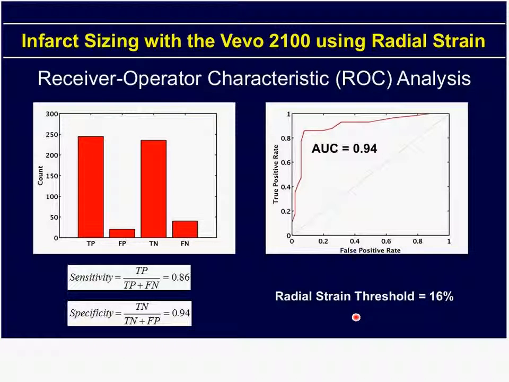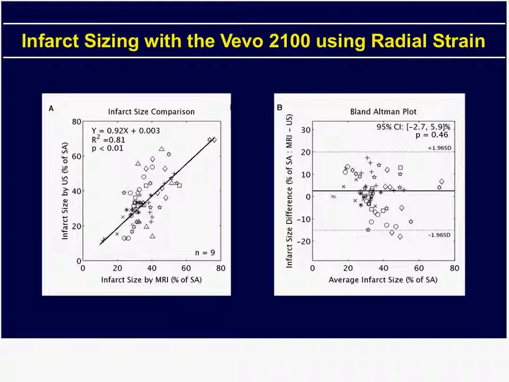We tested various thresholds and got the best area under the curve at a radial strain threshold of 16%. So here's the curve, fairly good on the true positives and true negatives. The sensitivity is 0.86, specificity, pretty hard to beat, 0.94.